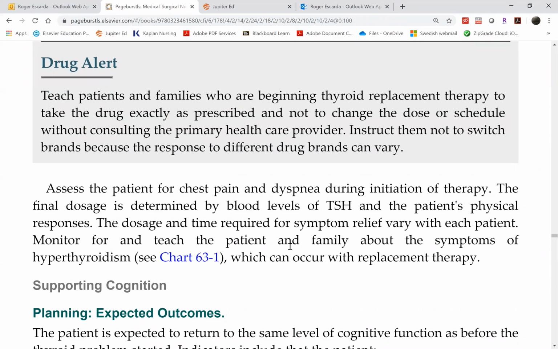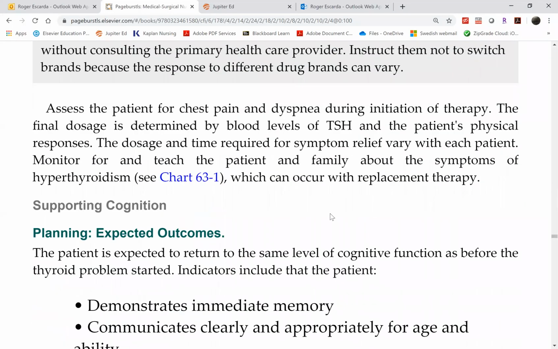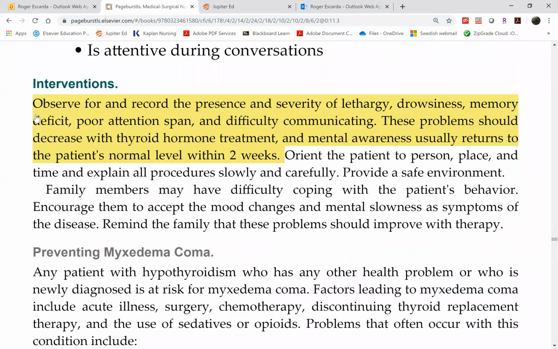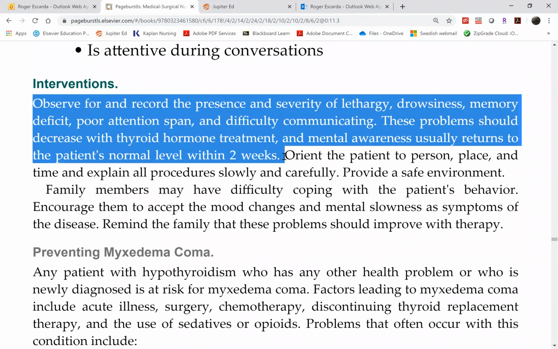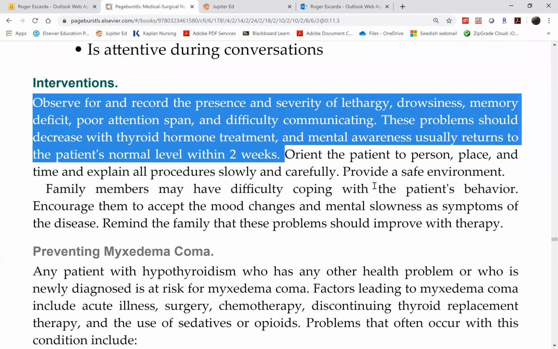There's no such thing as once we hit the dose that is meeting the patient's needs, it will stay the same. Periodically, a few months later, it may be too low or even too high. So it's constantly checked. Okay, so these are again our main observations. Now take note that the patient could potentially also develop hyperthyroidism when the dose is too high. So watch for those.